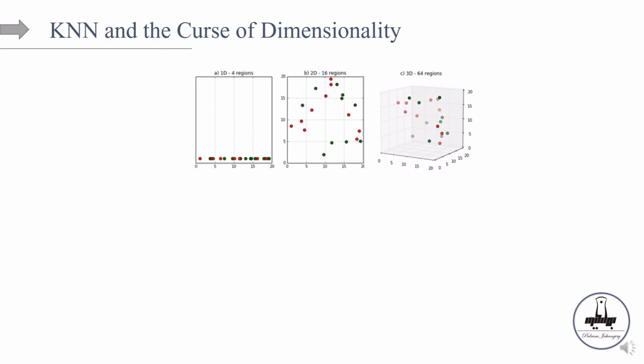Okay, now let's talk about the curse of dimensionality when we're dealing with the KNN models in general. Let's start with the classification model. So imagine there are two classes, red and green. And then we're looking at the data sets in three different dimensions, 1 dimension, 2 dimension, and 3 dimensions, the ones that we can visualize, right? So if the dimensionality of the data is only 1, then finding neighborhoods that have observations in them is not difficult, right?